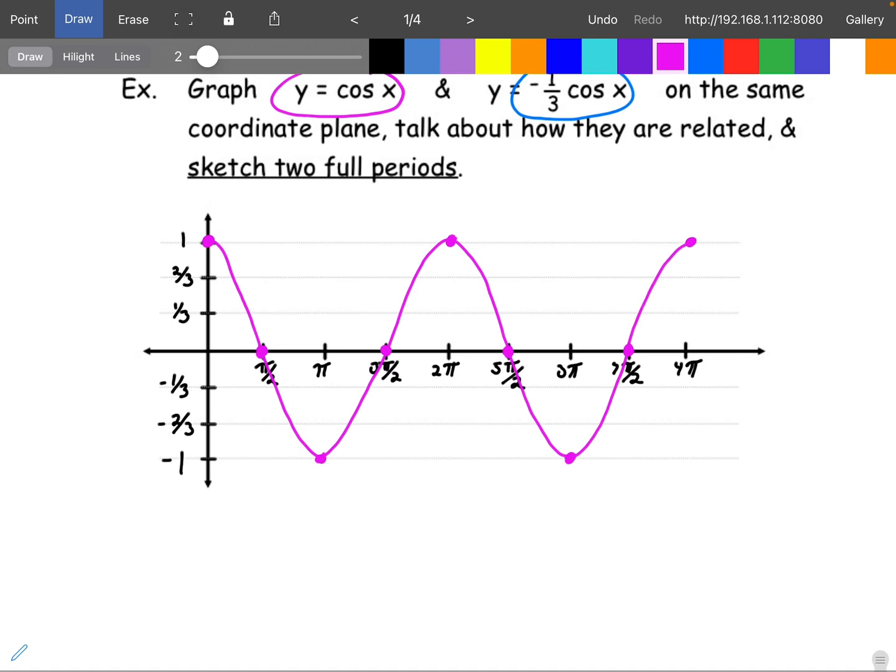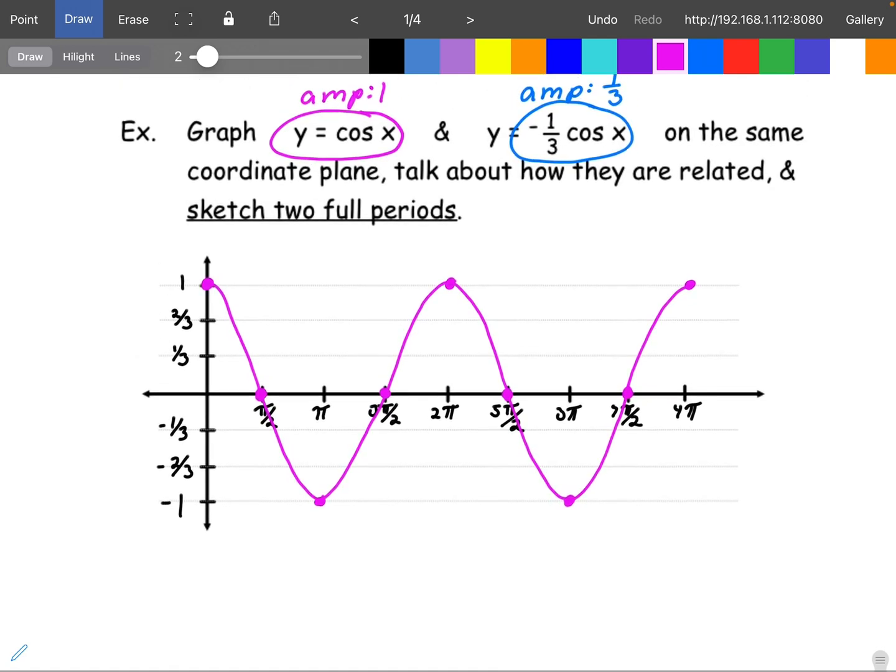Now it looks much bigger than the one we did before because, based on the way we labeled our axis, we've kind of made it look stretched out. That was to make graphing the new function a little bit easier. So the first thing is we know that it's only going to be 1/3 of the height. The highest it will go is +1/3. The lowest it will go is -1/3. And we also know, based on the negative, that it has been reflected over the x-axis. So instead of starting at +1, or in this case +1/3, it's actually going to start at -1/3.